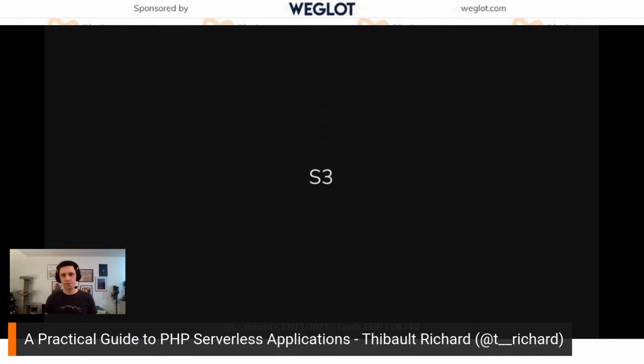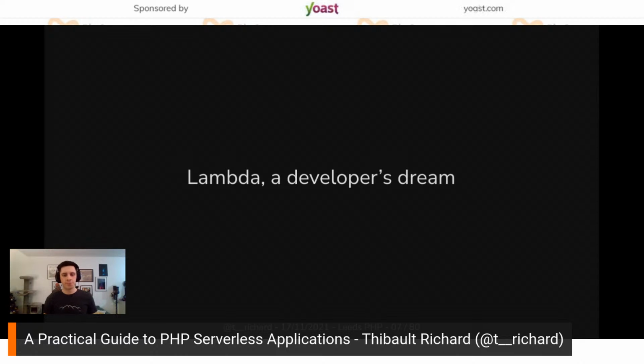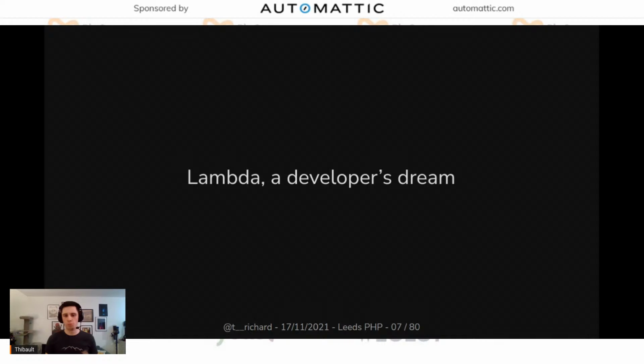One particular service that is really interesting for us developers is AWS Lambda. AWS Lambda is a serverless compute service, which means you just have to bring your code, and AWS will figure out the way to run it. It's called an event-driven service. That may sound a bit scary, but you're probably already using event-driven, because an event could be an HTTP request.